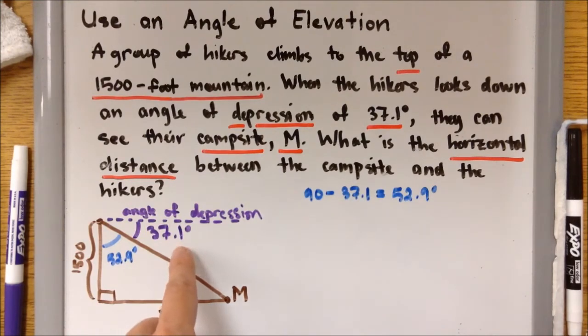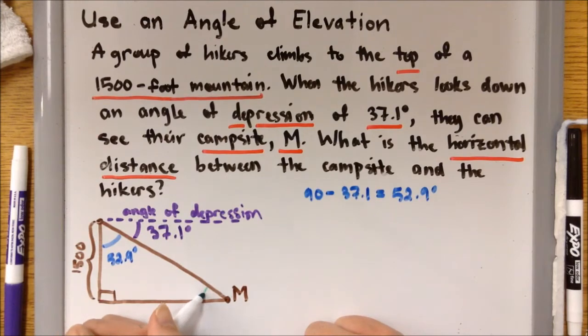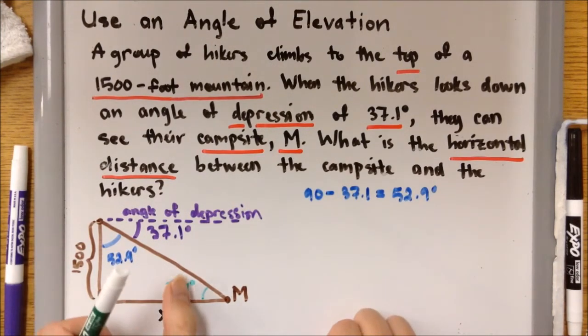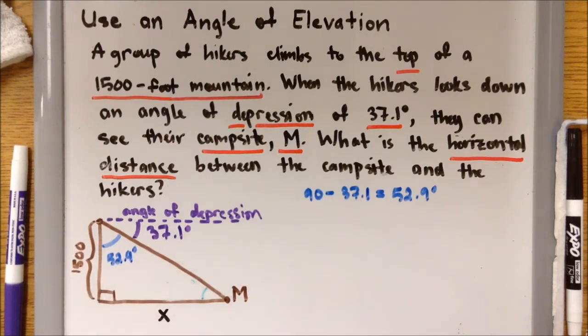So if this is 37.1 degrees, then over here is also 37.1 degrees. Let me write in a different color to make it darker.